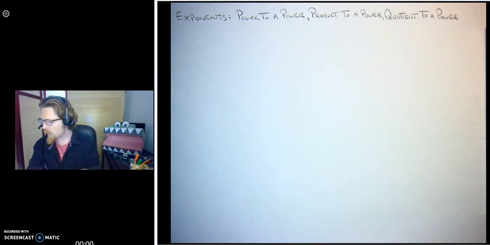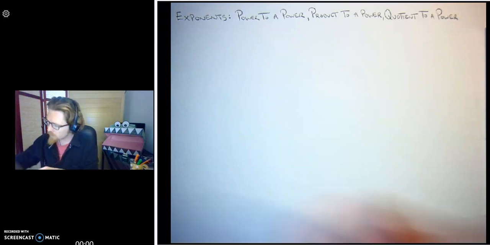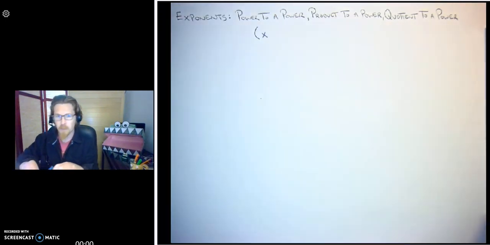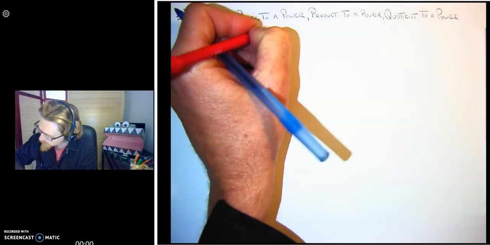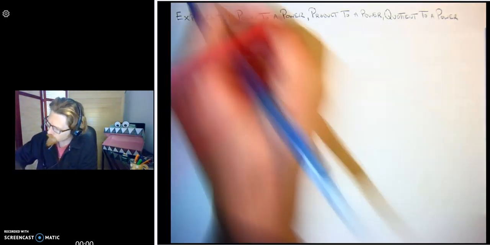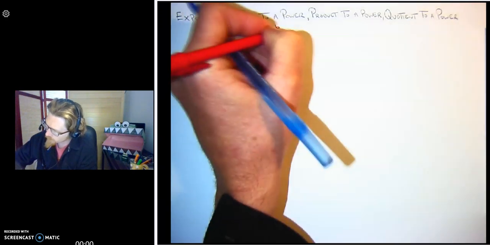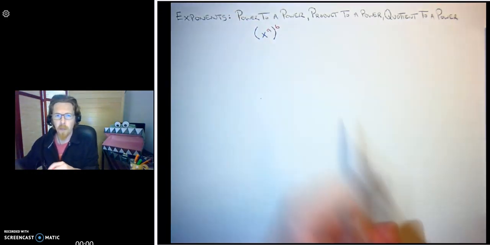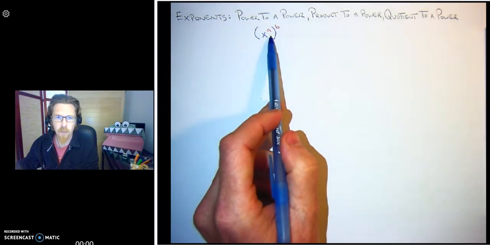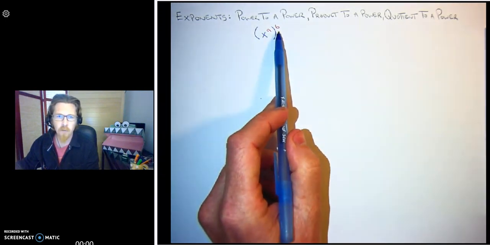Now, the power to a power rule, this is when you have some number, we'll call it x, and it's already raised to an exponent, we'll call it a, and this whole quantity is raised to another exponent itself. The way that exponents work is you take this number and times itself this many times, and then we would do the same for this.